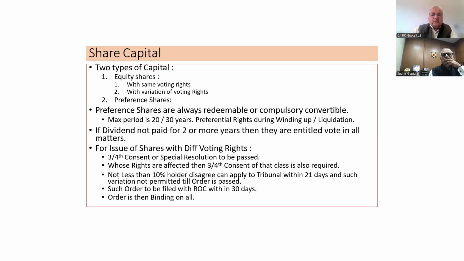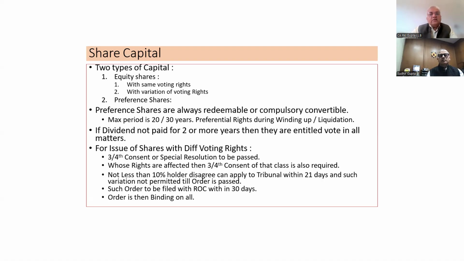So preference shareholders are allowed to attend meetings only which either affect their interest as preference shareholders, or in case dividend is not paid for a certain period, or in case of an application for winding up or liquidation. So that means in case of emergency only, they are allowed to attend the meetings.